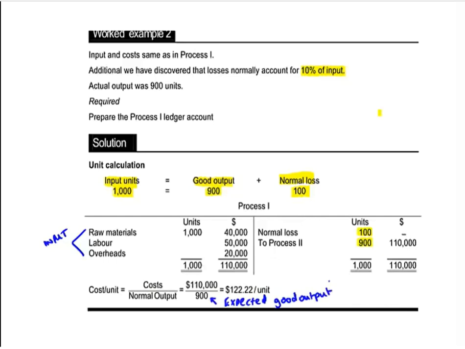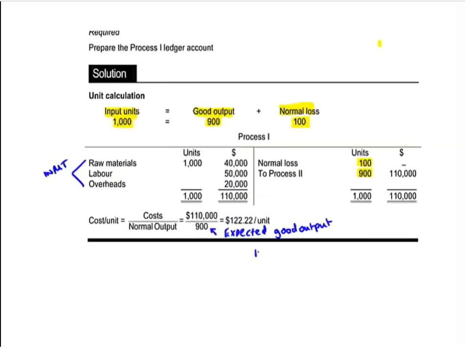So the cost of producing each unit of good output has now risen to $122.22 per unit. And if we multiply the 122.22 by the 900 units, that will give us our $110,000 that we have up here.